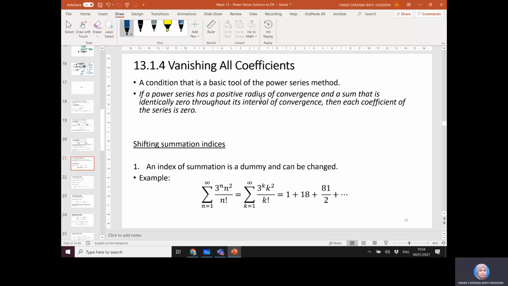Okay, so the next property is shifting summation indices. Indices is the plural of index, just reminding myself. An index of summation is a dummy and can be changed. There is a typo here. This shouldn't be 1 and 18.